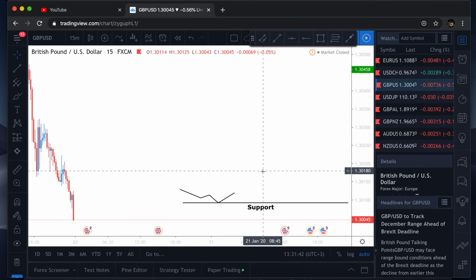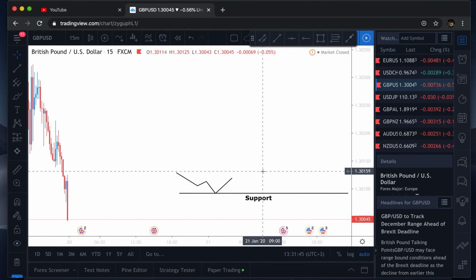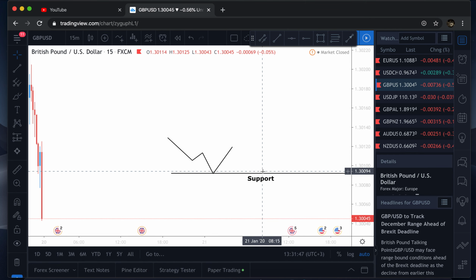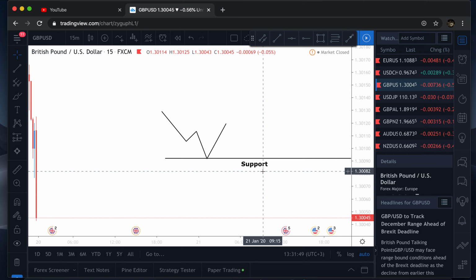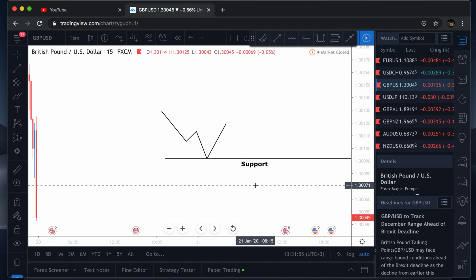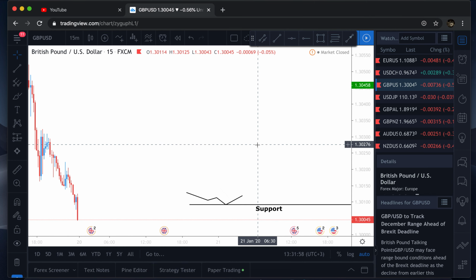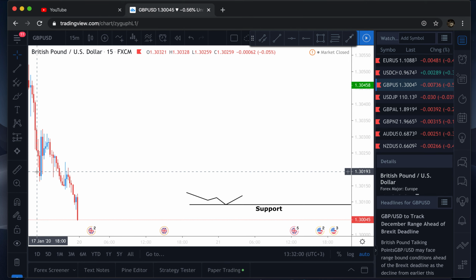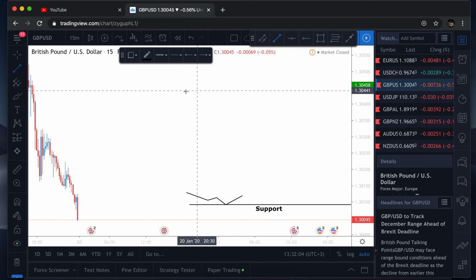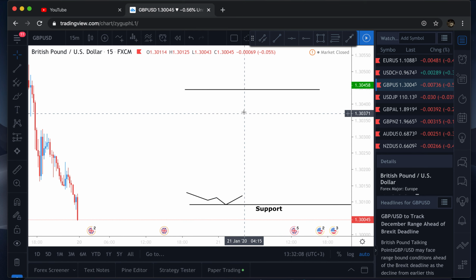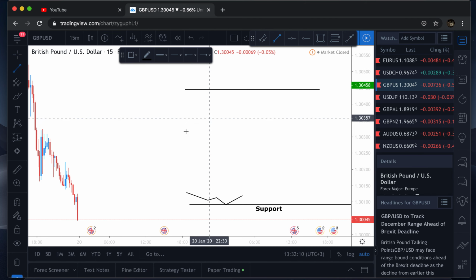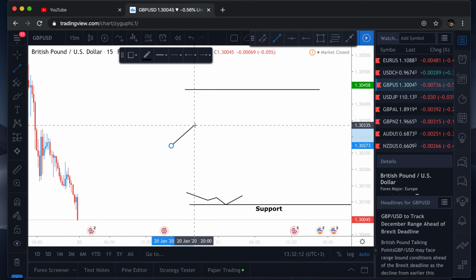And a resistance, as you can tell, is something that stops you. What is the meaning of resistance? It means something that creates a stopping force. It's the complete opposite of support. You have an area where the price is approaching from the bottom like this.